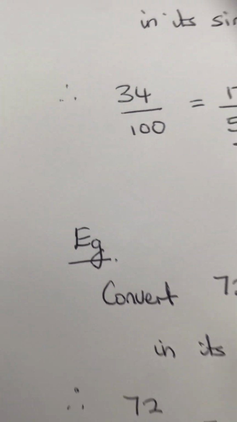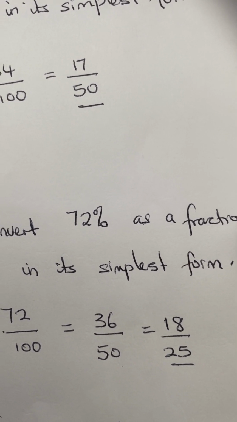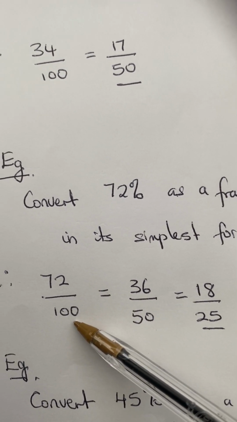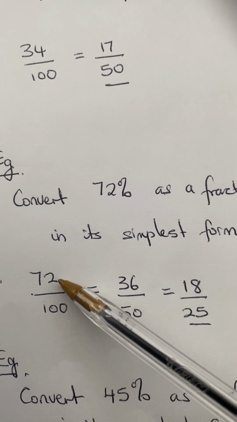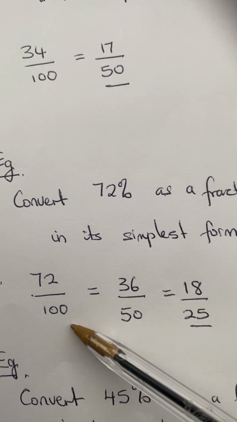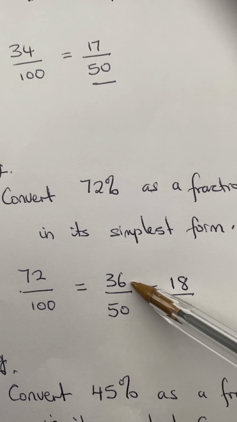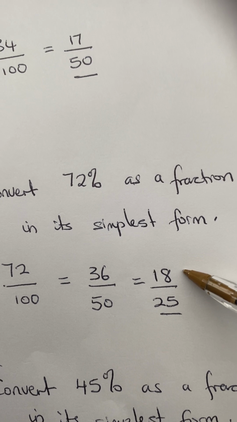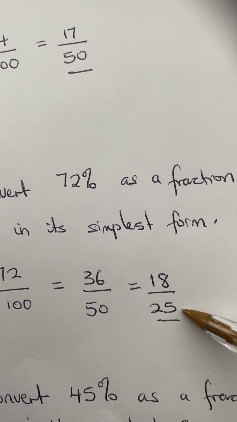Another example, convert 72% as a fraction. 72% is 72 over 100. Okay, that is the first step. Now, half of 72 is 36. Half of 100 is 50. Now we can halve again. Half of 36 is 18. Half of 50 is 25.